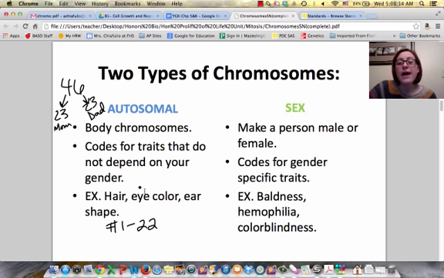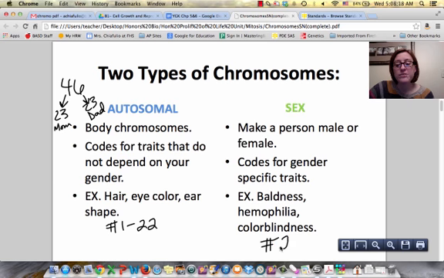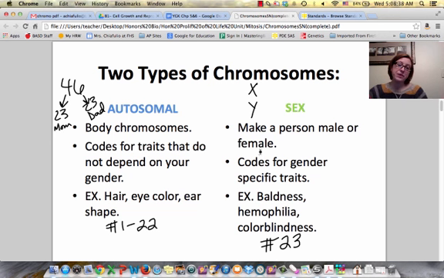But you have pair number 23 here, which is very special because instead of just getting one from mom and one from dad, there's a difference between the two of them. So instead of being autosomal, we're now going to see a difference. These are your sex chromosomes, and you can either get an X or you can get a Y. Okay?